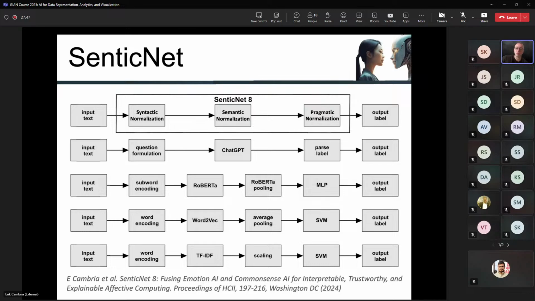This paper is also interesting for those of you who were interested in word sense disambiguation. Part of the algorithm for building SenticNet uses neurosymbolic AI for transparent word sense disambiguation.